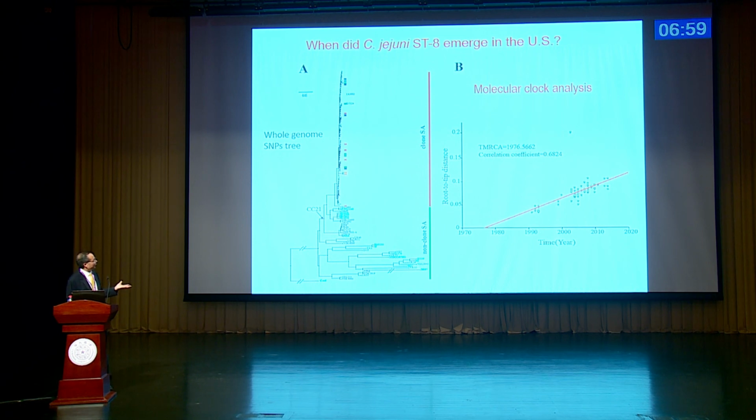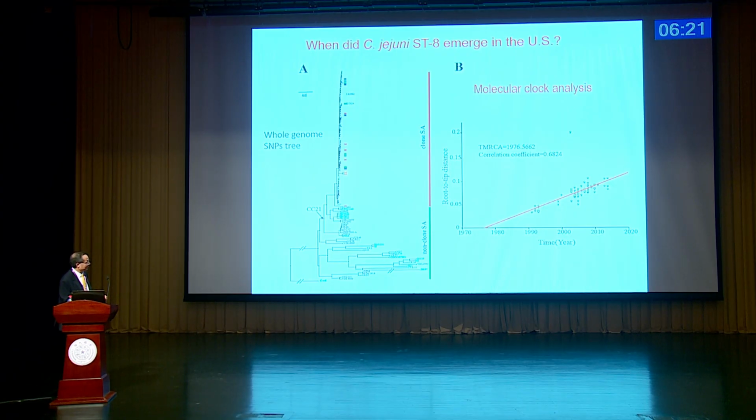We also wondered, when did ST8 emerge in the US? Based on epidemiological observation, it's fairly recent, but using genomic data, we were able to obtain a number of historical isolates of ST8 from different years. The earliest one we could get is from the late 80s, early 90s. Then, of course, we have a lot of recent isolates. By whole genome sequencing, we found that ST8, also named clone SA, is highly homogeneous and quite different from the non-ST8 isolates.